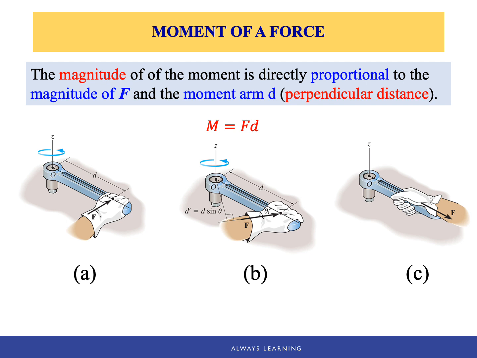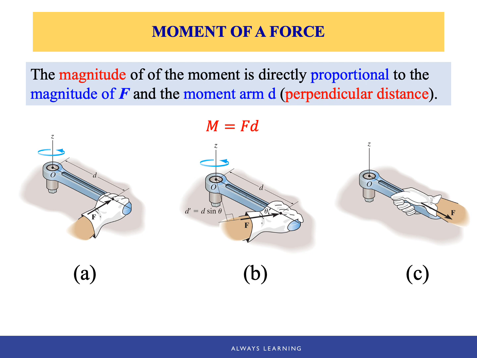But if we're going to apply the force at an angle theta, which is not equal to 90 degrees, with the handle, then the perpendicular distance or the moment arm may not be D anymore.